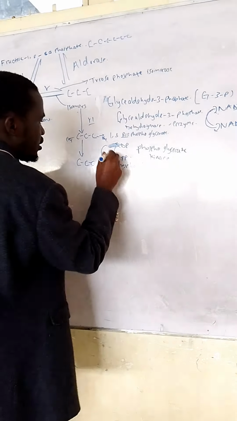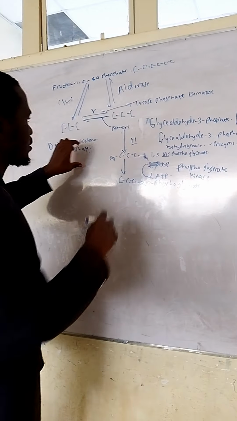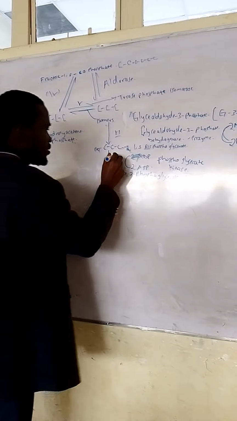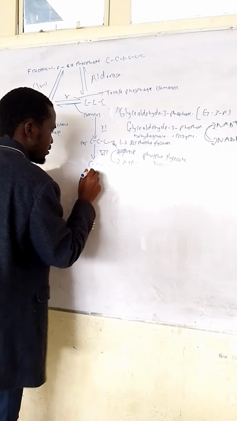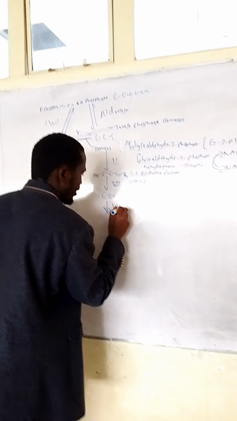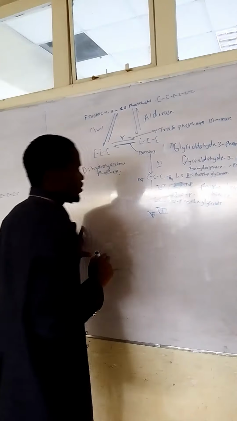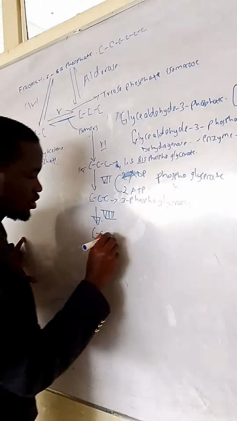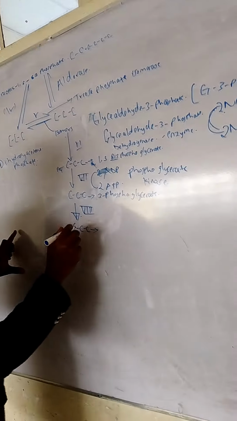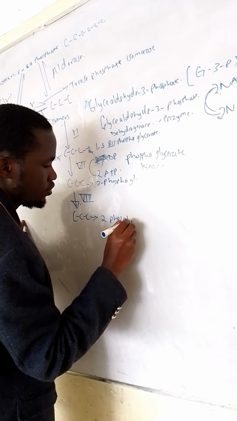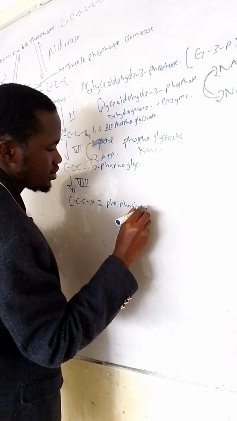We said 2 here because dihydroxyacetone phosphate is converted to glyceraldehyde 3-phosphate. So this is the seventh process. The next step, number 8, the phosphate is transferred to carbon number 2 to give 2-phosphoglycerate.